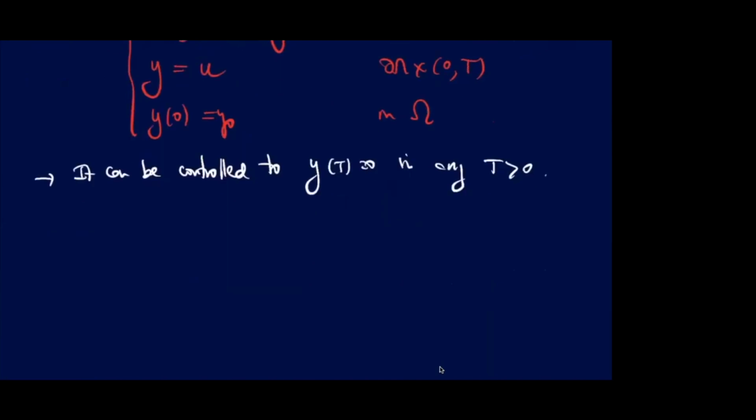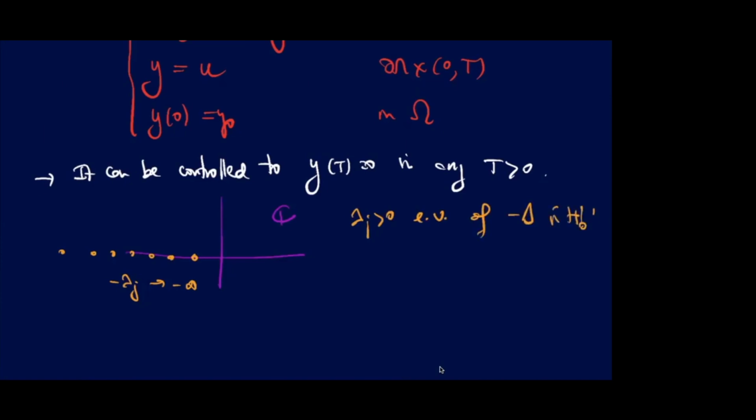Actually, when you draw the spectrum of the heat equation on the line you see that the spectrum is located always, they are all real and going to minus infinity, right? It's simply minus lambda j, where lambda j are the positive eigenvalues of the Laplacian in H10 omega.